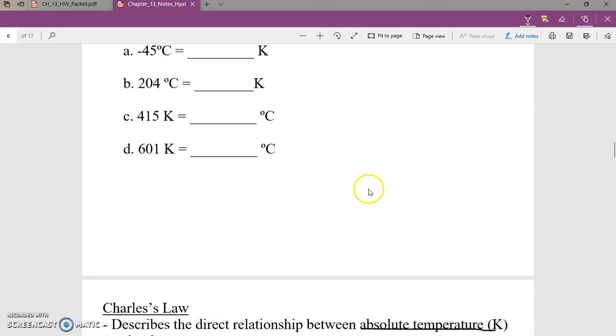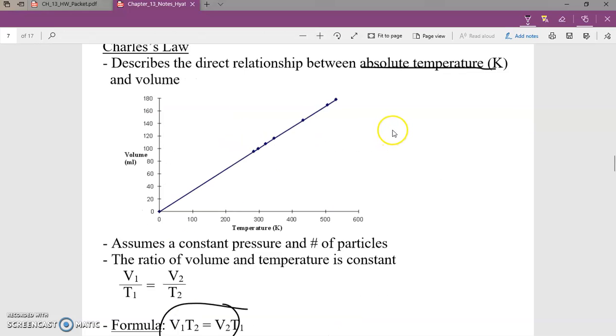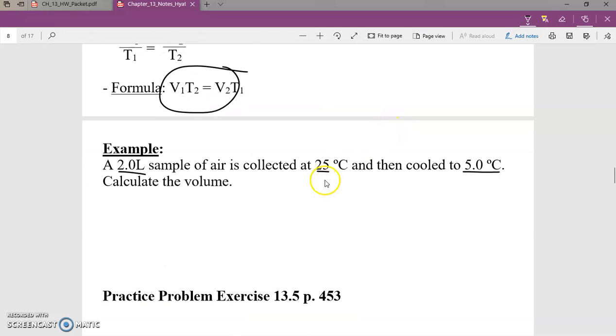If you take a look at the notes, we take that degrees Celsius and add 273, and that's our units in Kelvin. So 273 plus 25 is 298, and 5 plus 273 is 278. So that's our answers in Kelvin.